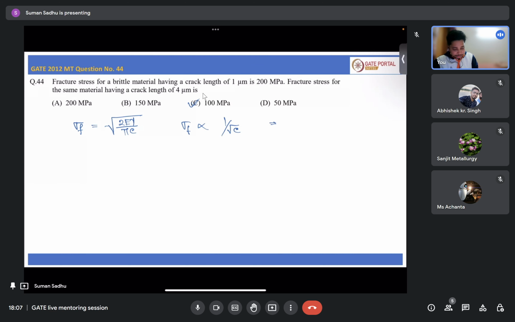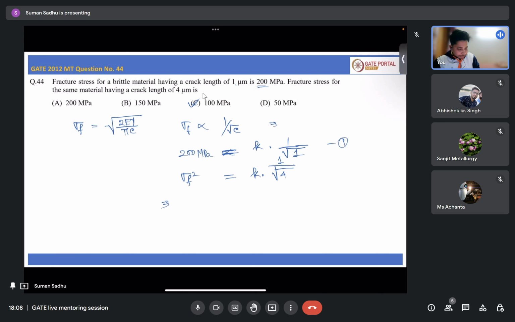So initially sigma f was 200 MPa, or you can write it as a constant term into 1 by root over c. Initially c was 1 micrometer, and then let's say it is sigma f2, constant into, now the crack length is 4, so this will be 1 by root over 4.